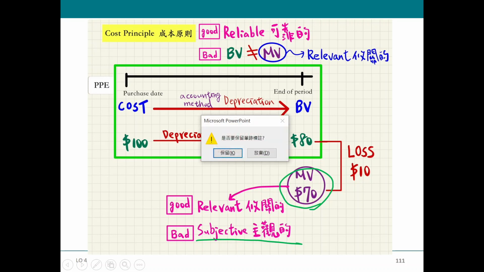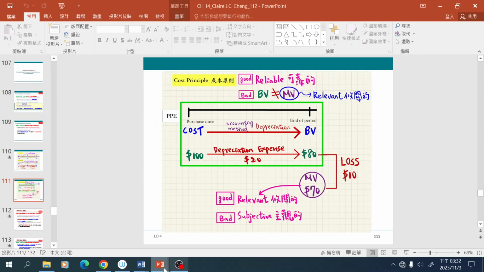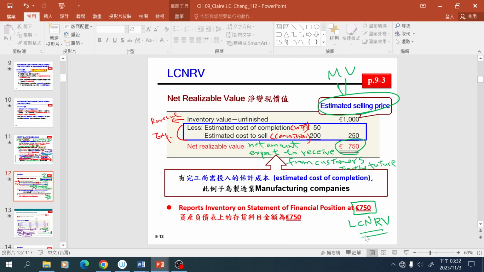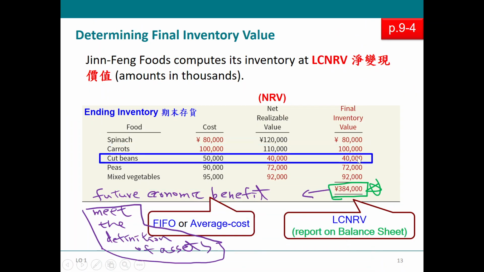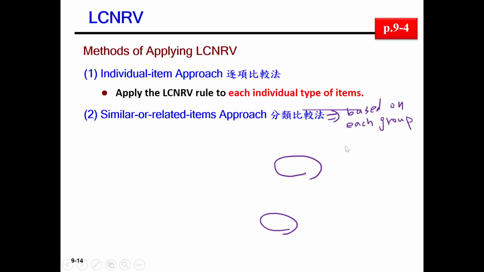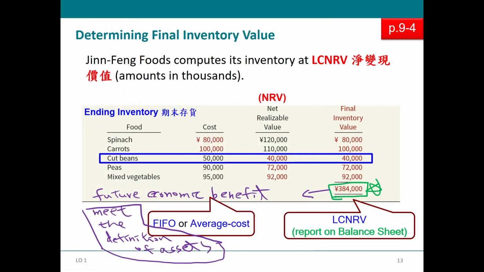So let's go back to our chapter 9. We have the second way, the similar or related item approach, because you want to get each item's market value. Sometimes it's quite hard to get the market value for each item.